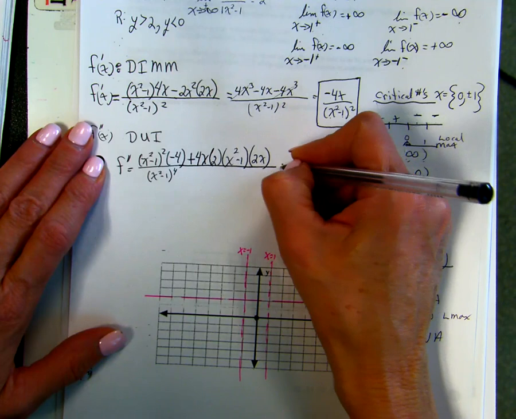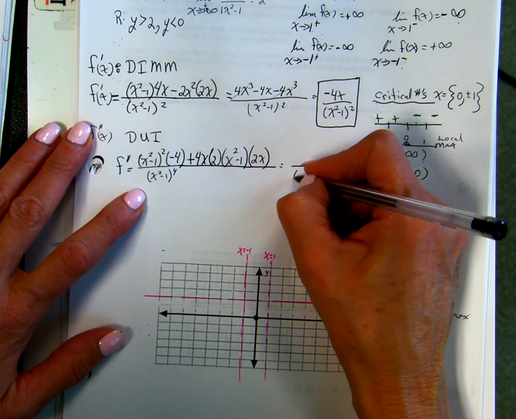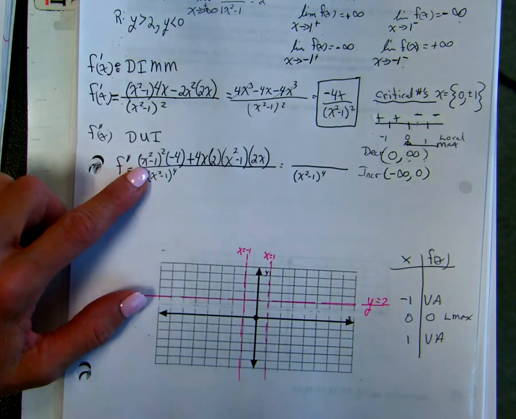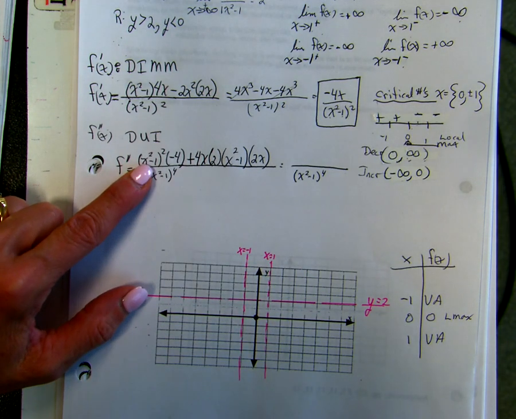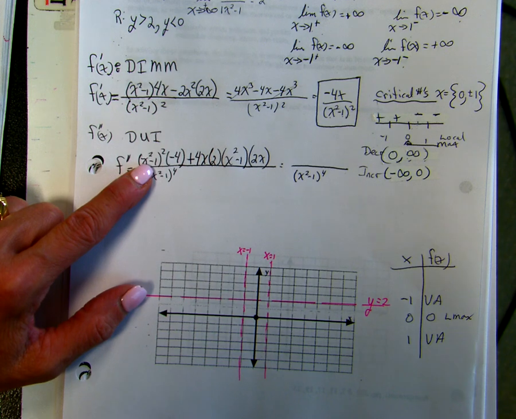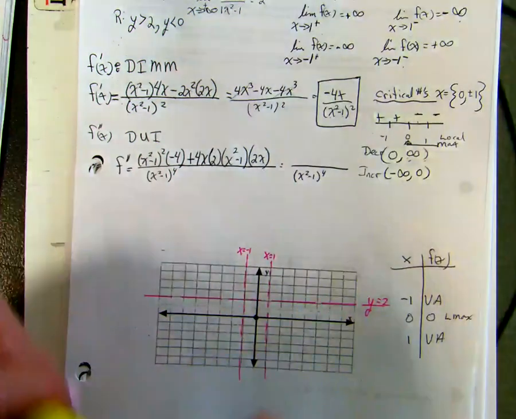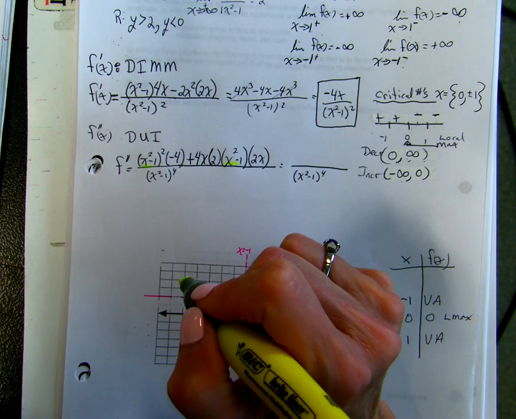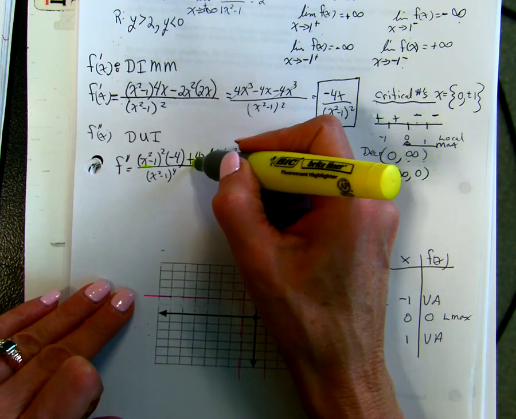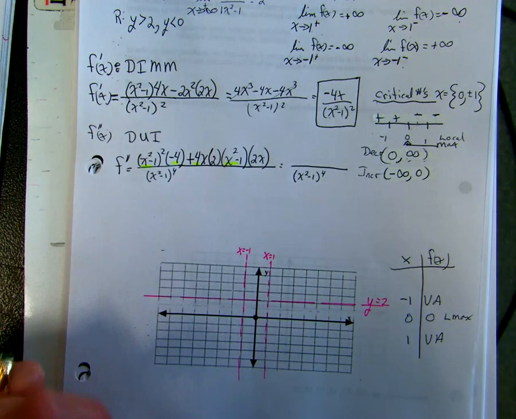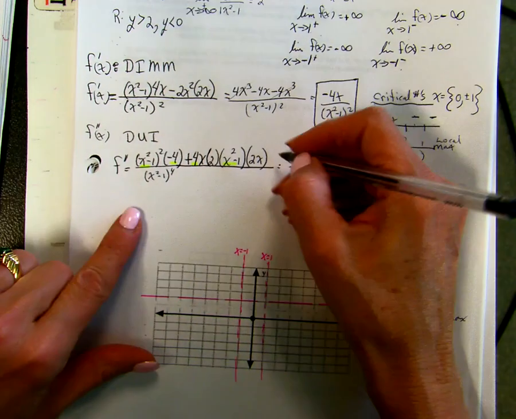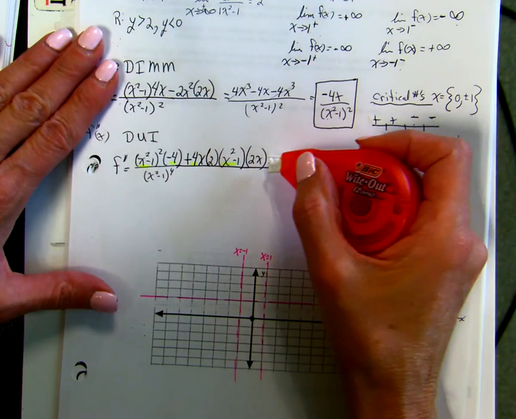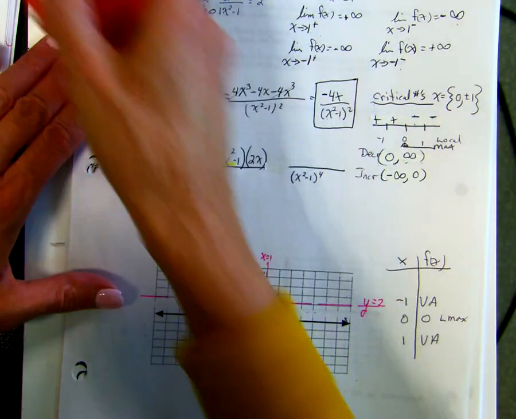Okay, and then let's simplify this. So denominator, x squared minus 1 to the 4th. Did I factor that? Yeah, let's take out our GCF. So we do have a GCF here of x squared minus 1, and also going to take out a GCF of 4.